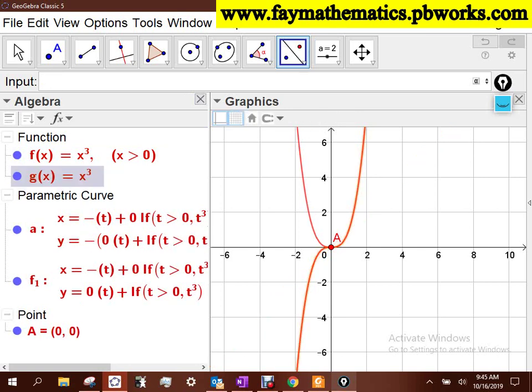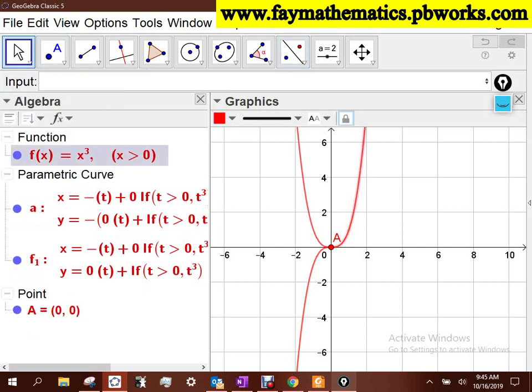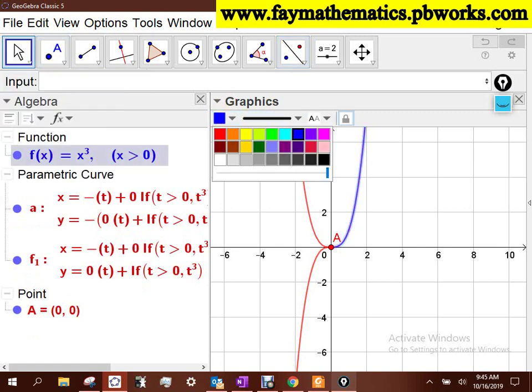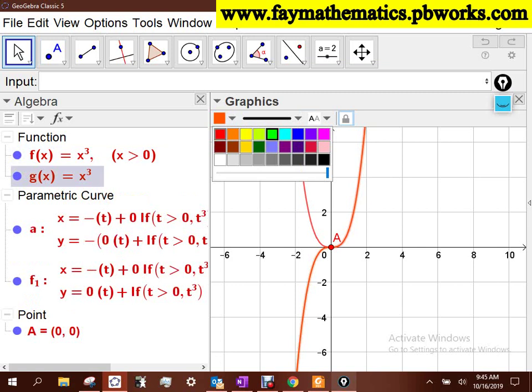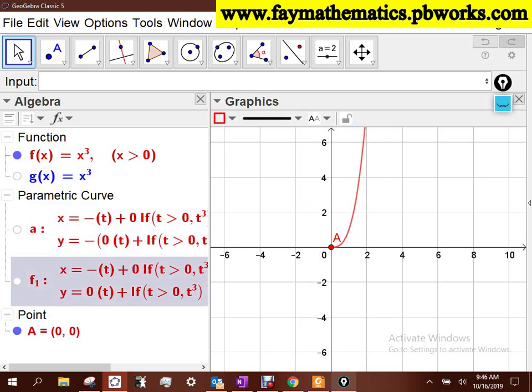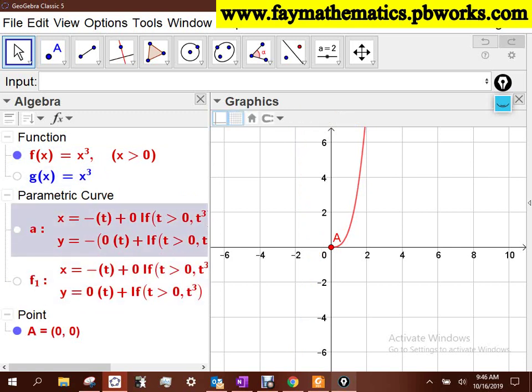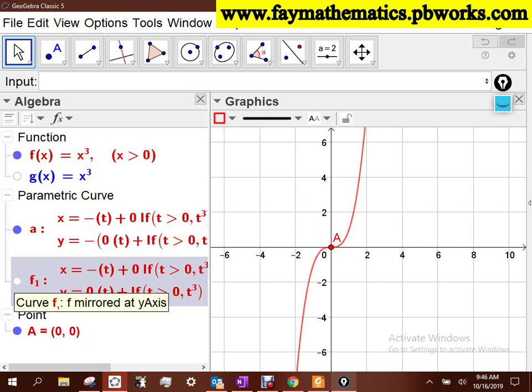Okay, so I started with that, reflected it to that, reflected it across the y-axis, followed that up with a reflection across the x-axis, and that branch of the cubic goes down to the third quadrant now.